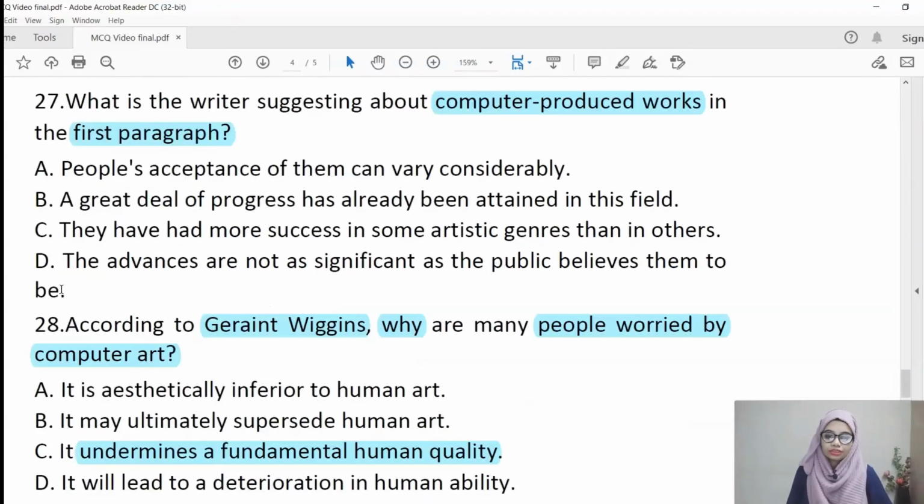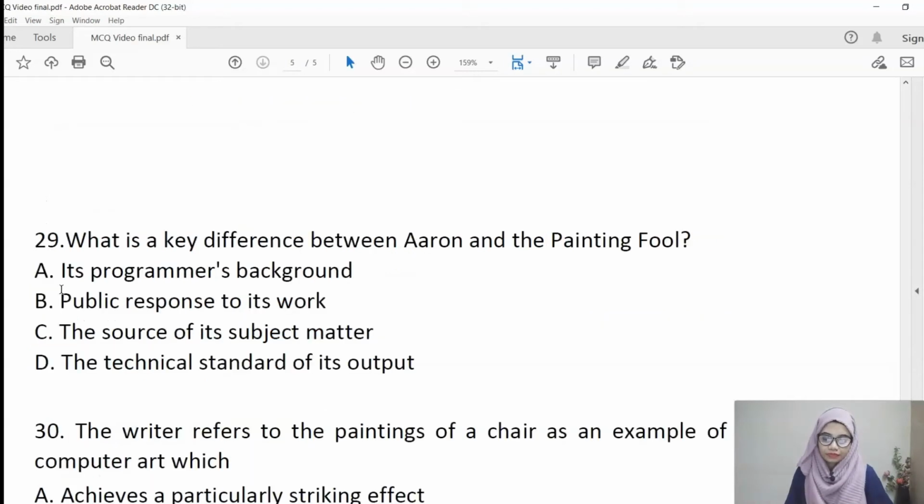So this is what the method is. Read the question, find the keywords, locate the answer in the passage through looking for the keywords, scanning basically, then understand what the passage says, come back, read all the options and see which one matches the most. The next question, what is the key difference between Aaron and the painting Fool?